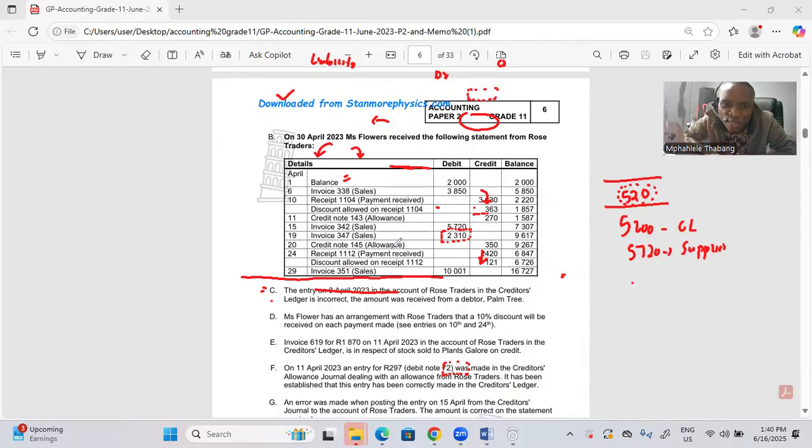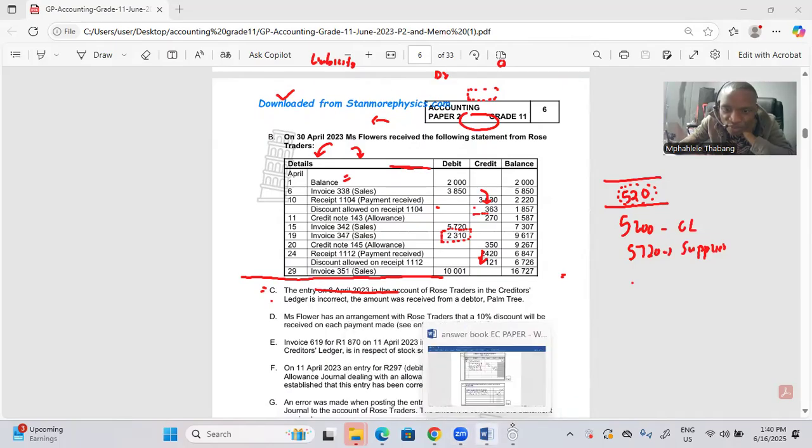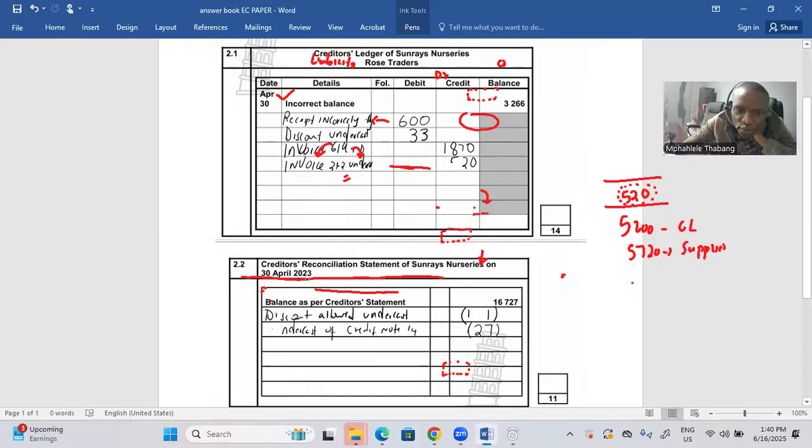It was for a different customer. It was not for us. So I'm going to go to the debit side, invoice 347, 2310. Is it invoice 327 or 42?